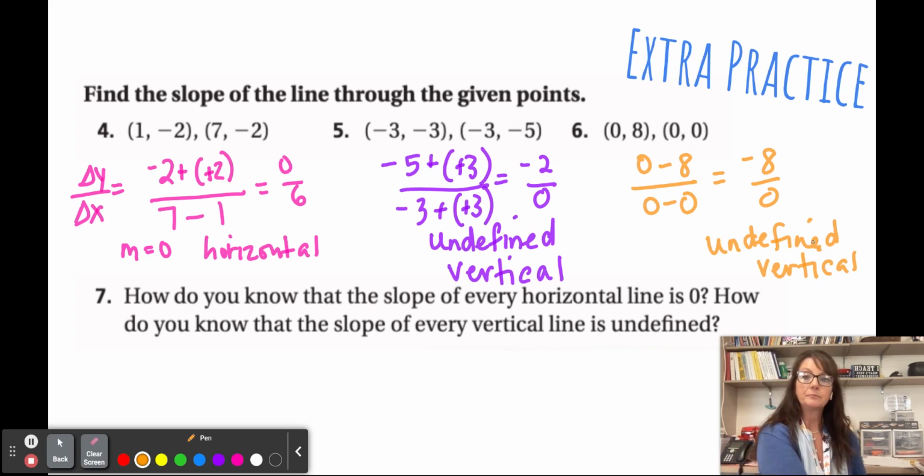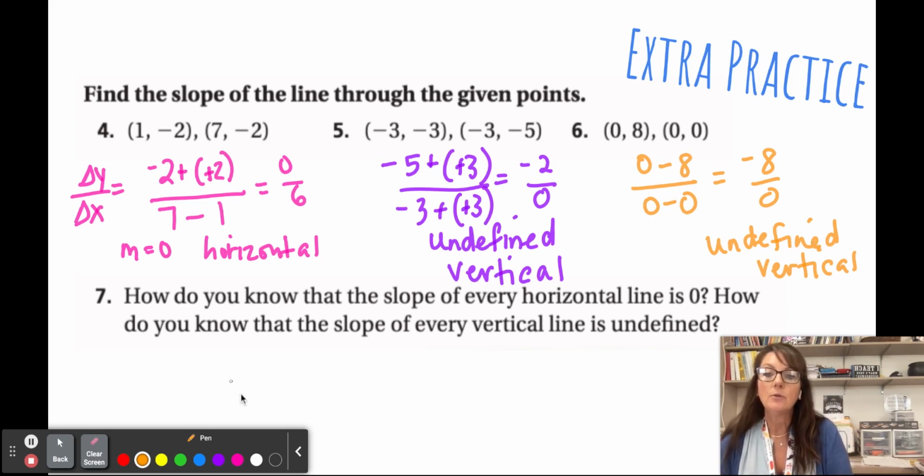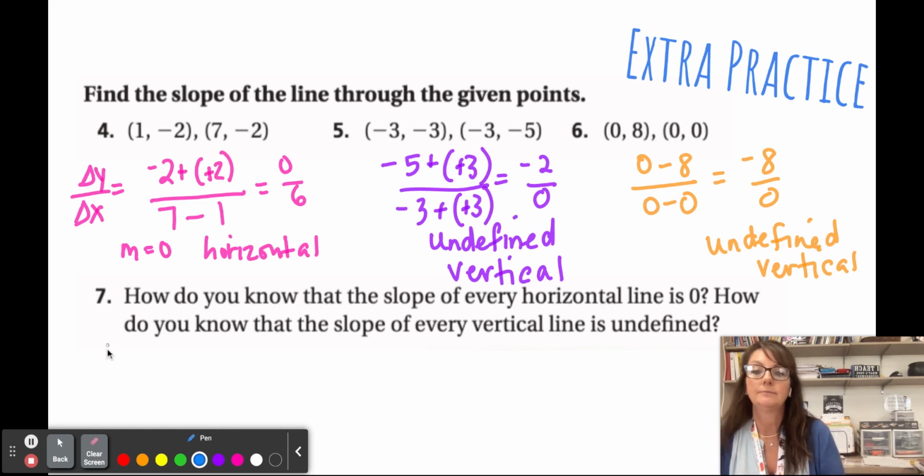Okay, so in this number 7, it says, how do you know that the slope of every horizontal line is 0? Well, the equation of the horizontal line, right, is that the change in y is 0. The slope is 0.